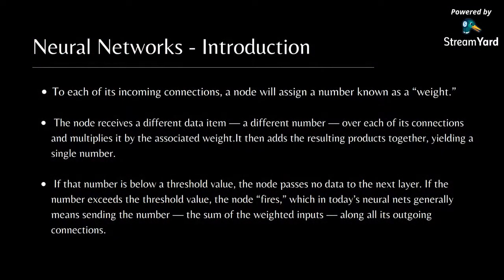Like I mentioned, a node will assign a number known as weight to each input. Once that's done, we just multiply and get the summation of it, right? Now, if that number is below the threshold value, the node passes no data to the layer. This particular line actually refers to the bias.